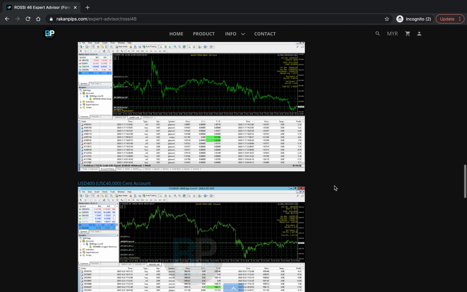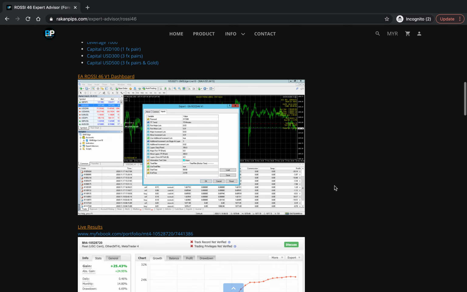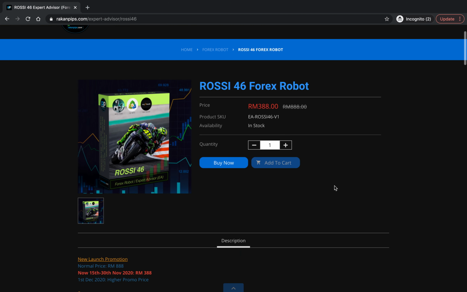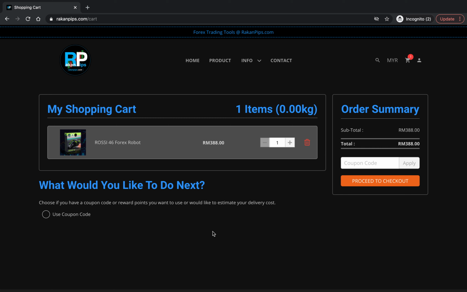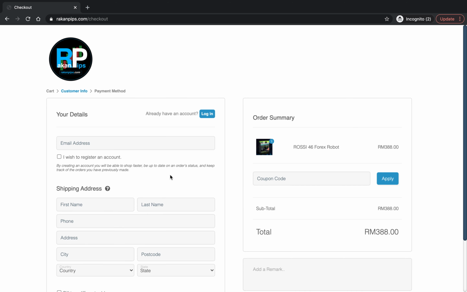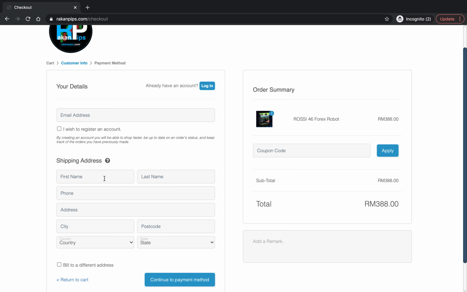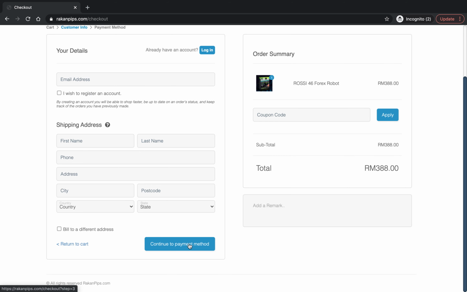All right. Making the purchase is very easy. You just need to click buy now, then proceed to checkout and put in all your details, and then continue to the payment mode.